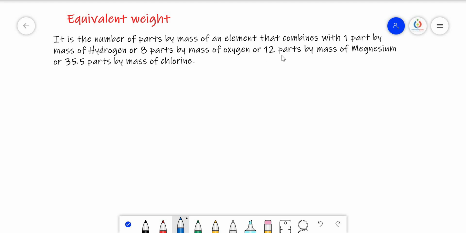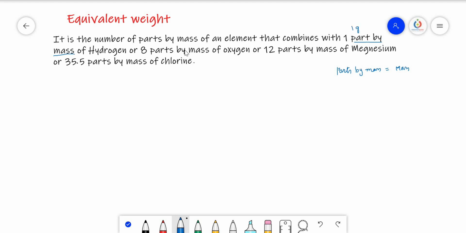Let us consider this parts by mass as simply mass. We shall discuss what parts by mass is later, and for the time being let us consider it as mass.